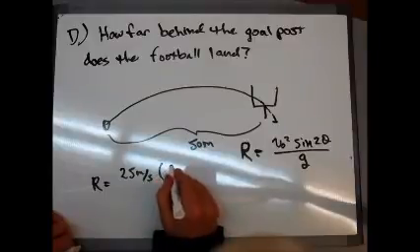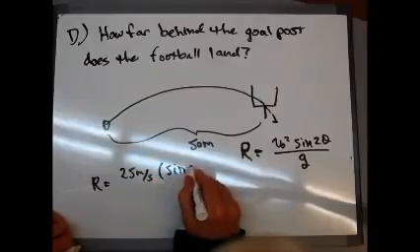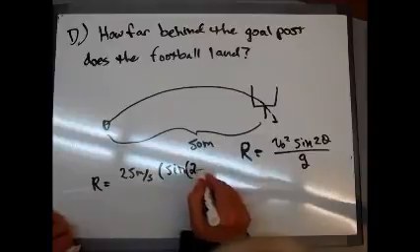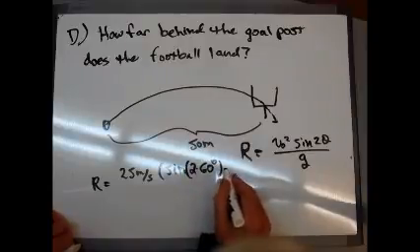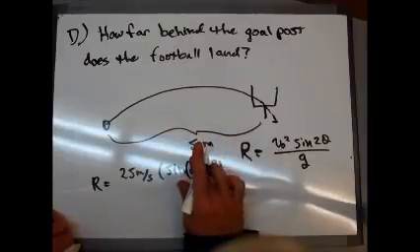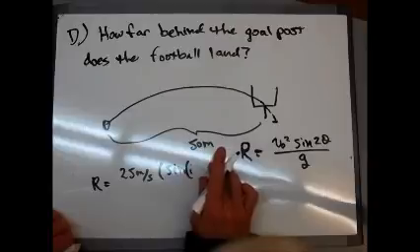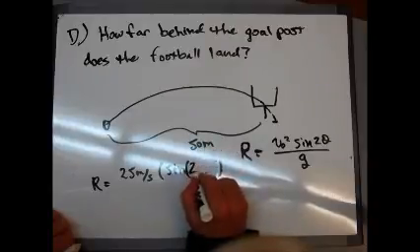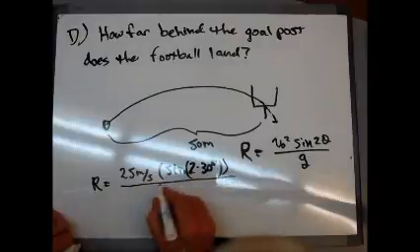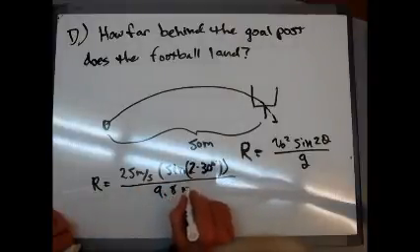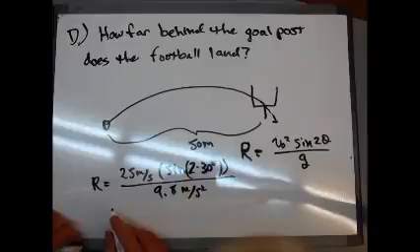Theta is 30 degrees, so it's sine of 2 times 30 degrees, or 60 degrees, over 9.8 meters per second squared.